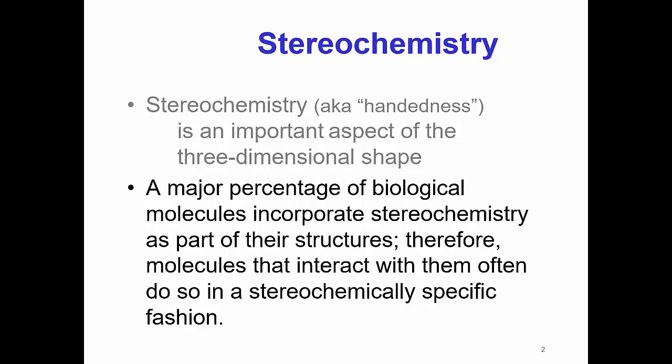It'll look similar, except it's inverted in a mirror type of thing. Therefore, molecules which interact with such things also need to exhibit those types of features so that they can interact with such a structure that has this feature of non-superimposable mirror images.